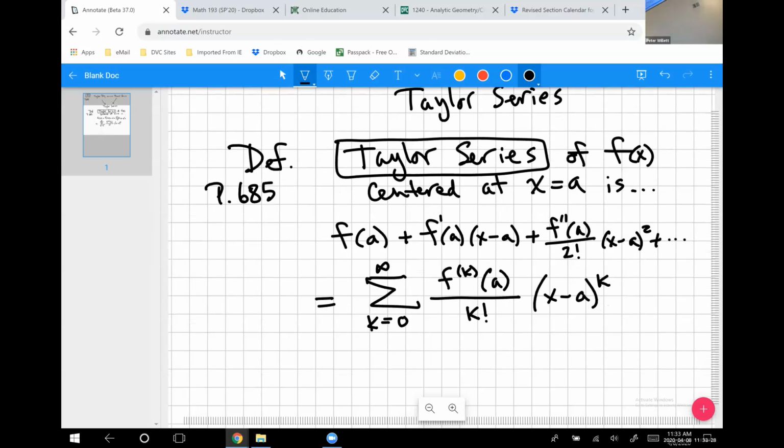So we already looked at this as a way to create a linear approximation to a function, a quadratic approximation to a function, a third degree approximation to a function, etc. when we were in 9.1.